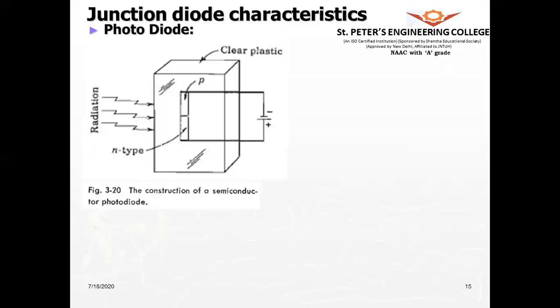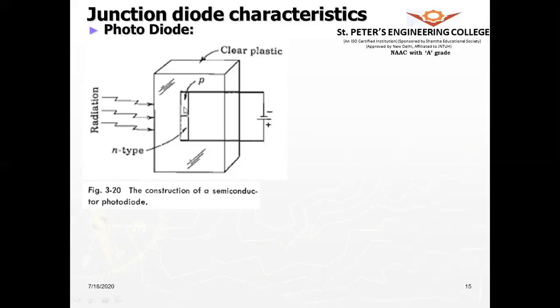Next, the type of diode is the photodiode. The photodiode is sensitive to light. The light radiation is made to fall on the junction by using some clear plastic that allows focusing the incident radiation onto the junction.